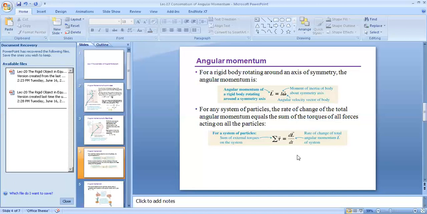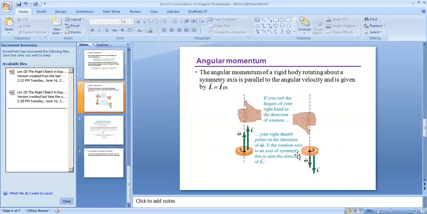So we can say that if summation F is equal to dp over dt in translational motion, then in angular motion we have an equivalent equation, summation tau equal to dL over dt, which represents that if the net torque acting on a rigid object is zero, then the angular momentum of the rigid object will be conserved, will be constant.